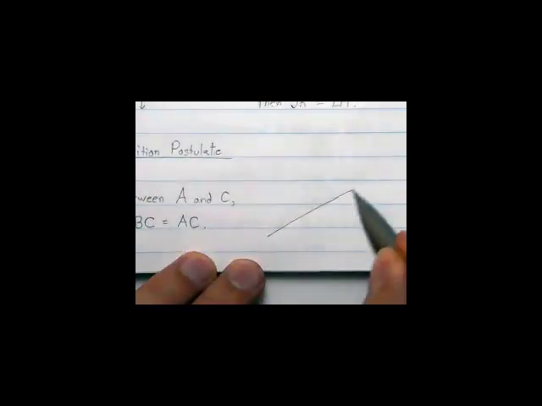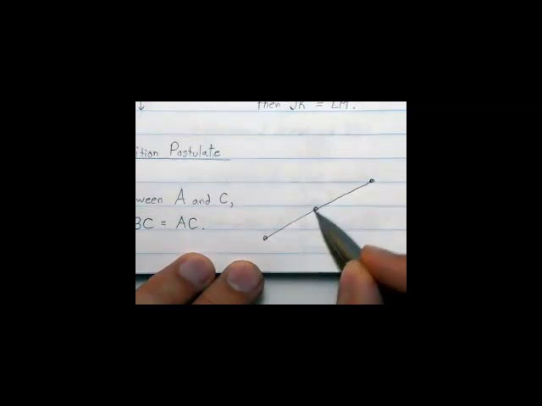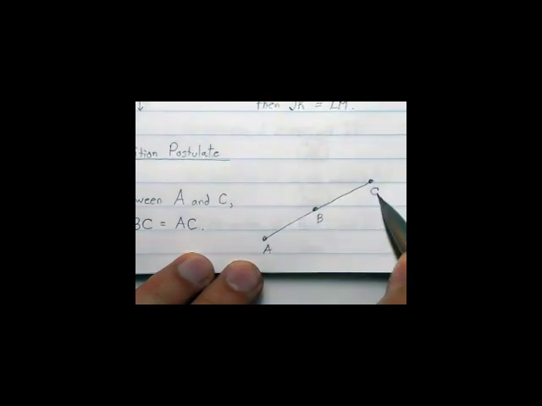All right, and I'll even draw you a little picture next to it here, that if it's not clear, hopefully it'll make it clear. So B is between A and C.